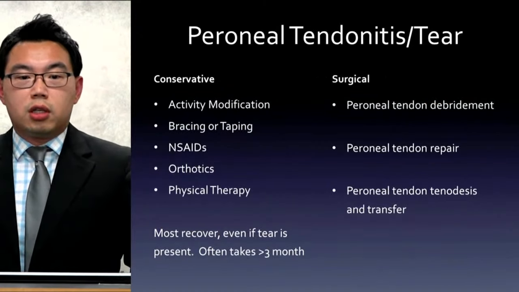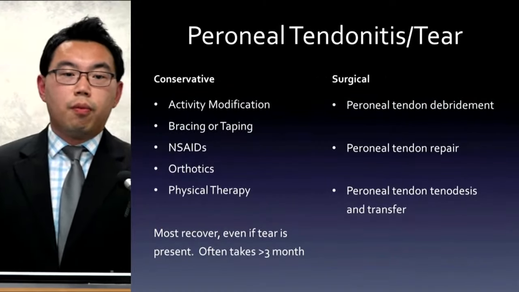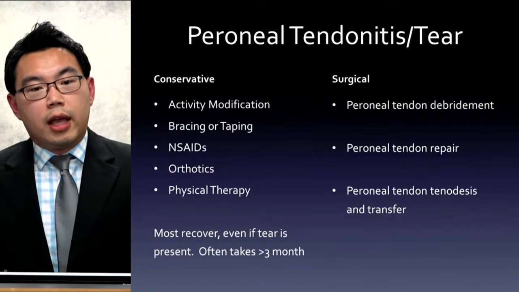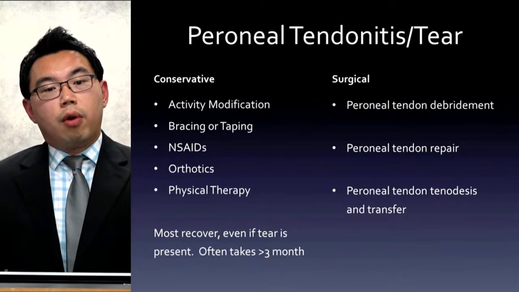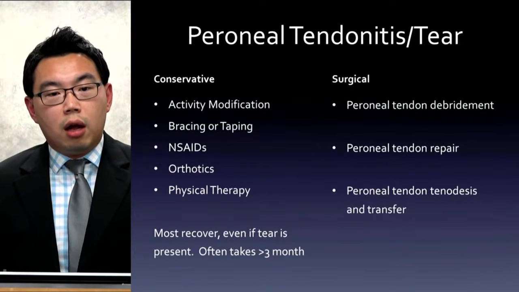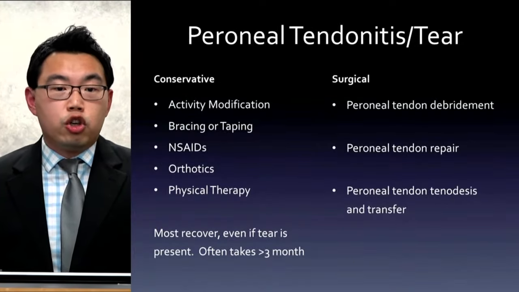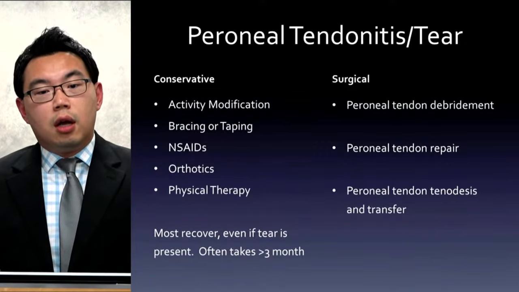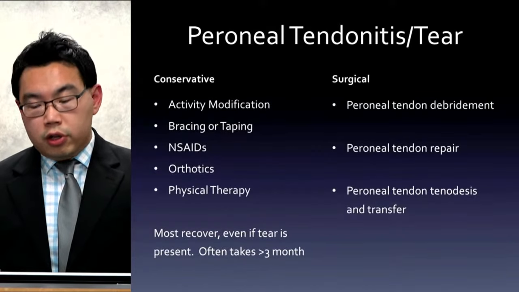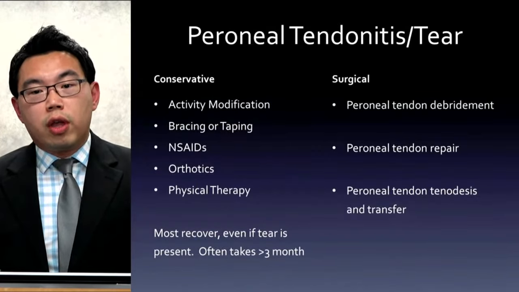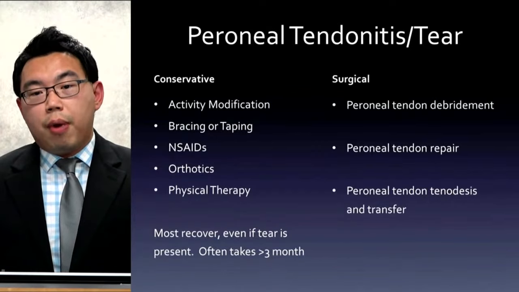These are actually pretty successfully treated, even if it's a tear, with non-surgical options. Again, a short course of immobilization, bracing, therapy, orthotics to correct the underlying alignment issues, and anti-inflammatories. Usually these recoveries are slow, but often successful without surgical intervention. Surgical intervention greatly depends on the nature, location, and generally just how bad the tear is.